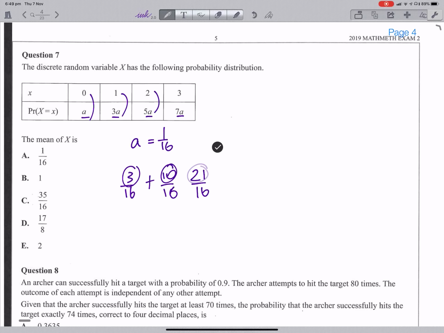What's that? 34 on 16, 35 on 16? I've missed something. 3, 10, 21. The mean of x is, what did I say, 34 on 16, which is 17 on 8. I hadn't missed something.